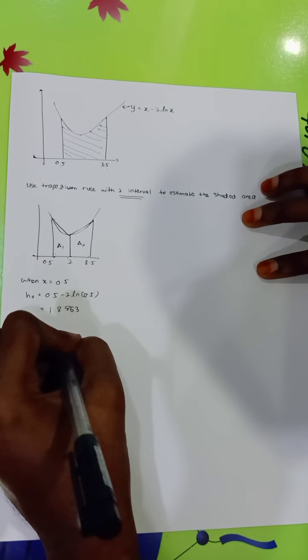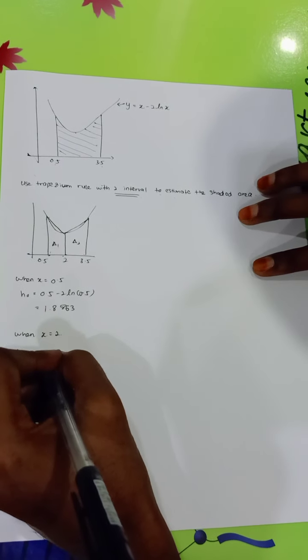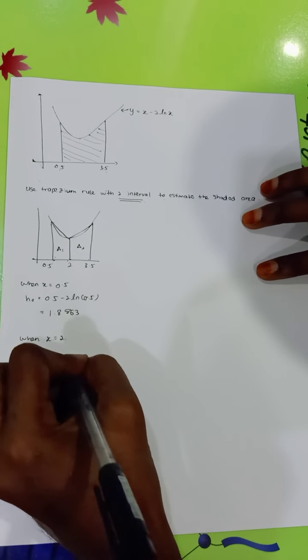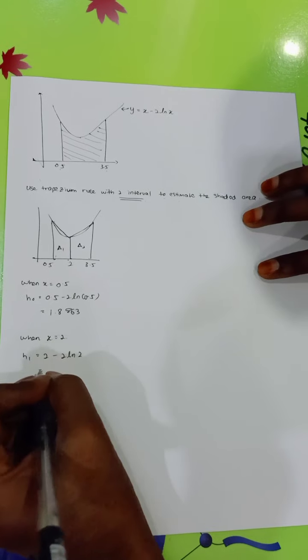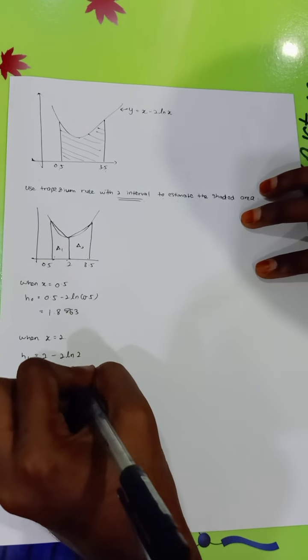When x equals 2, my h1 is 2 minus 2 ln 2, equivalent to 0.6137.